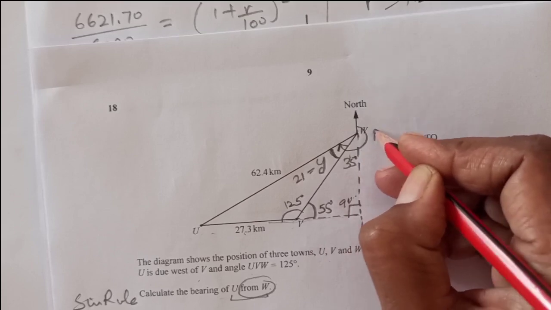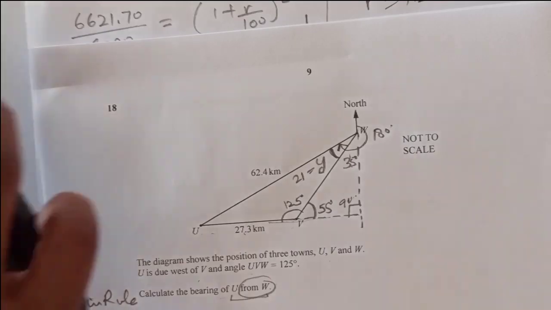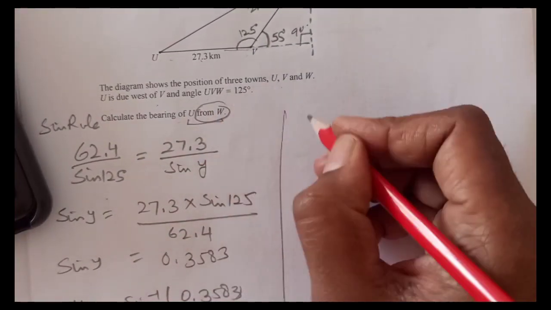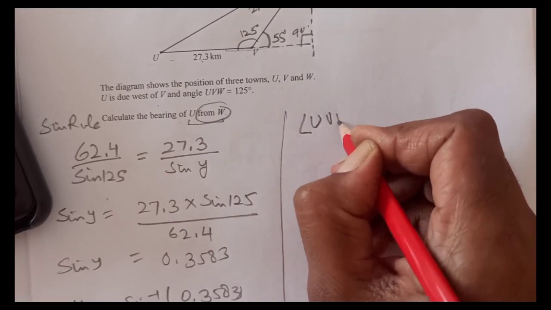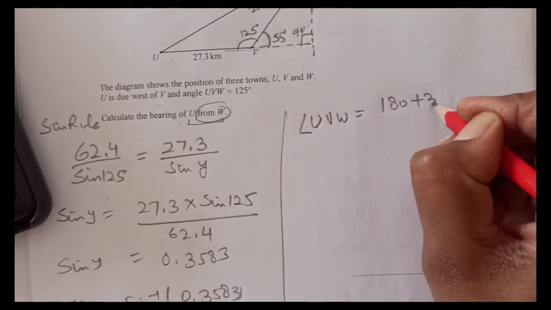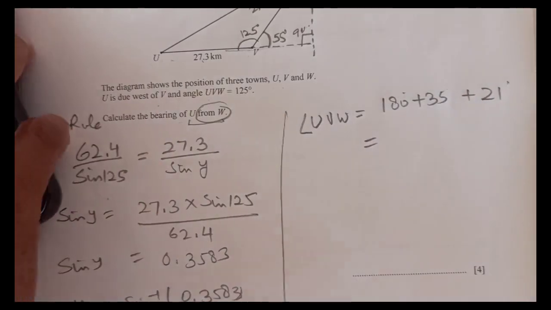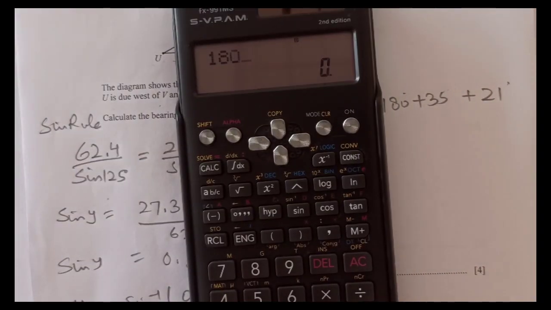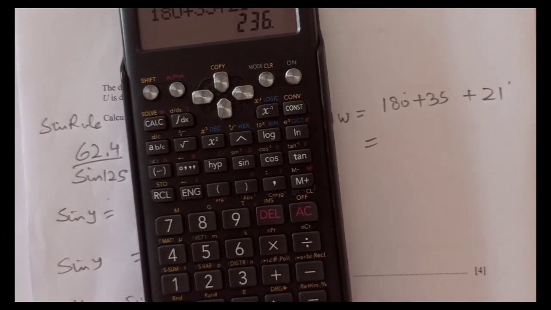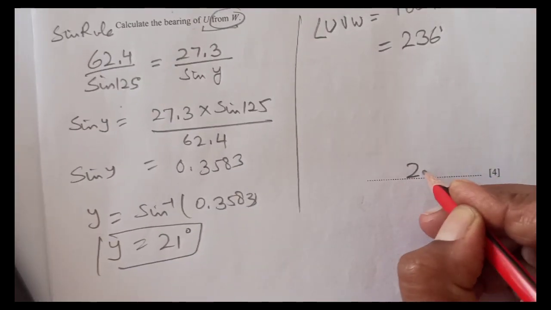So 180 plus 35 plus 21 gives you that angle, right? So the angle is 180 plus 35 plus 21, it's 236. So that's how you will find it.